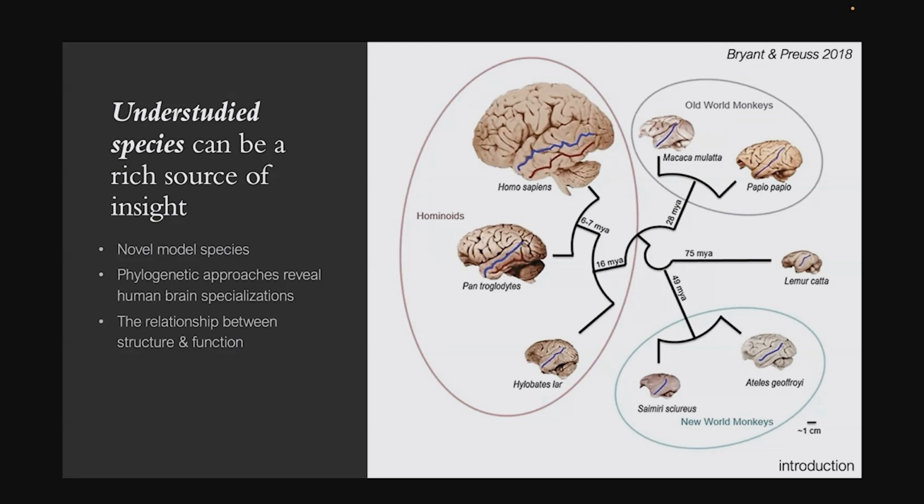Also, by looking at species that haven't been studied before, we can start to generate and test hypotheses about the relationship between brain and behavior and evolution, structure and function, how these are connected to the niche that an animal occupies.